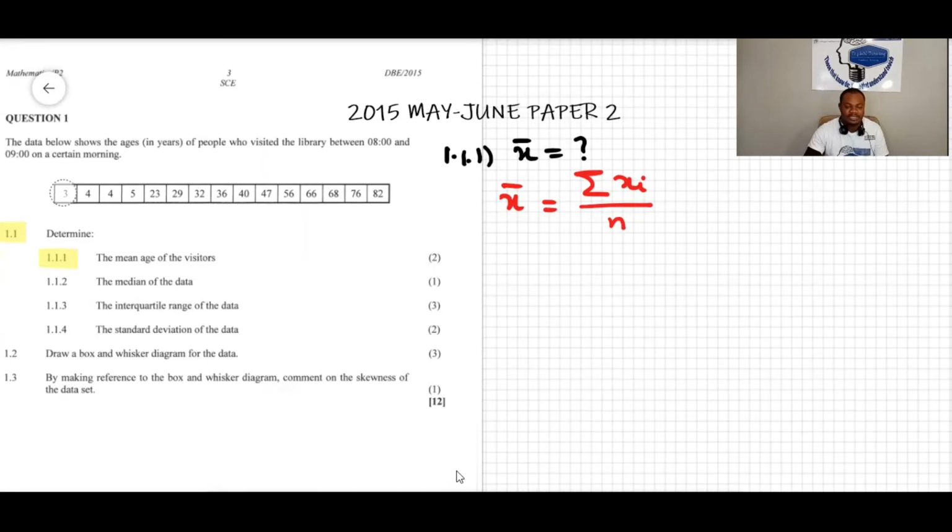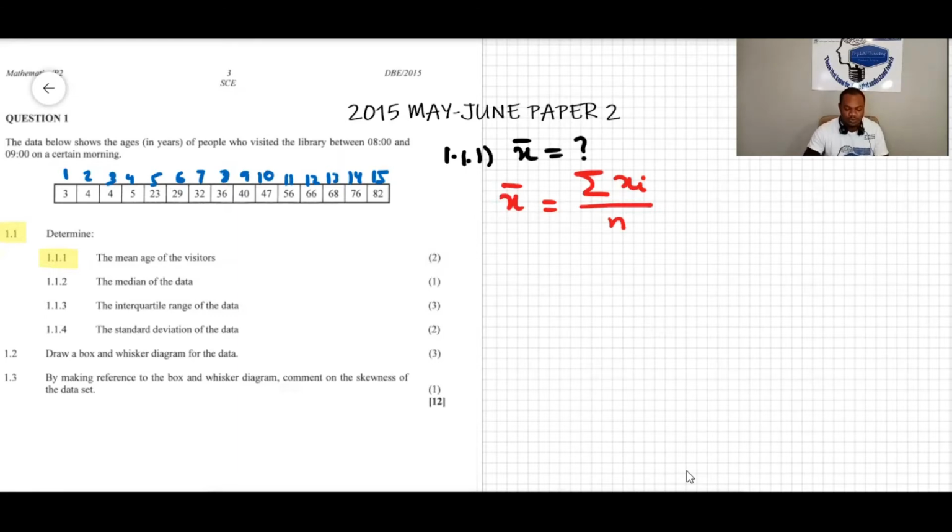This is x1, this is x2, this is x3, x4, etc. If we count how many they are, 1, 2, 3, up to 15. There are 15 of them. So we're going to do the sum of all these numbers divided by 15. N is 15, the number of the data.